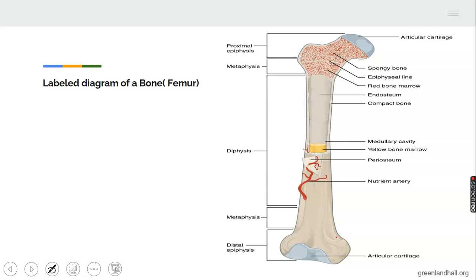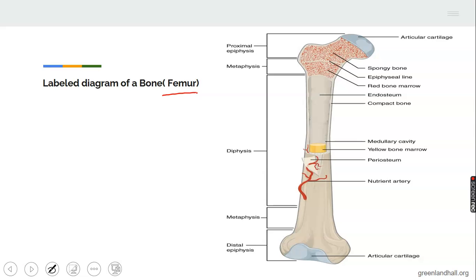Now we can see the diagram of the bone there. The part of the bone shown there is called the femur. Femur is that part of the bone in the leg.